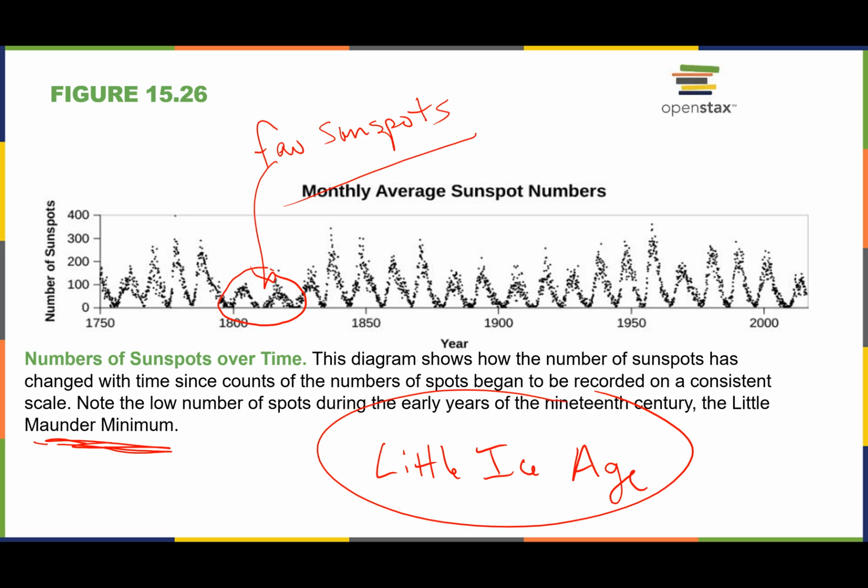I know I said that sunspots, those darker regions, are cooler regions, but when the sun is quiet and doesn't have those cooler regions, I can think of it as not burping and stuff. So if we're over here on Earth, we're actually getting slightly less energy from the sun. So we can go into cold phases like that.